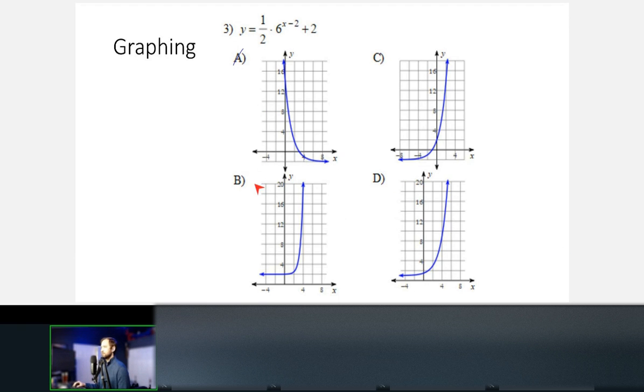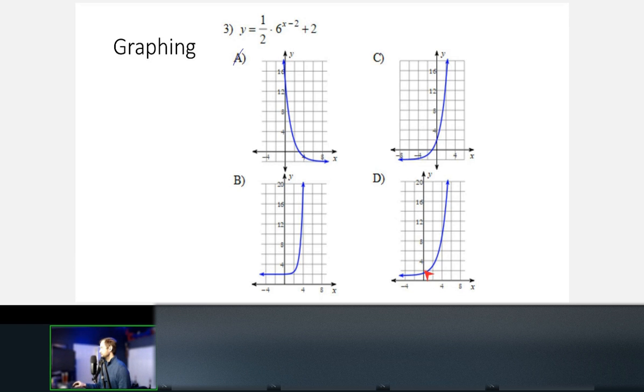So looking at these graphs, remember the standard range is from 0 to infinity. Which one of these is shifted up 2 units? Yeah, choice B. If you notice, as we decrease in the x value, this graph approaches 2 but doesn't touch it.